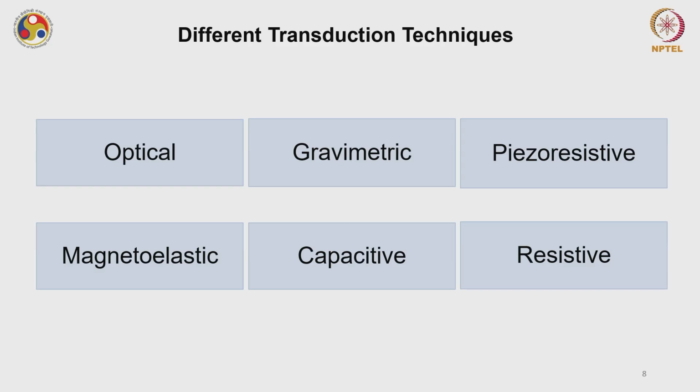Of course, the capacitive one dominates the market, with over 75% capture of this market, but optical humidity sensors are very accurate, and for applications where you want accurate measurements, you use these optical humidity sensors.